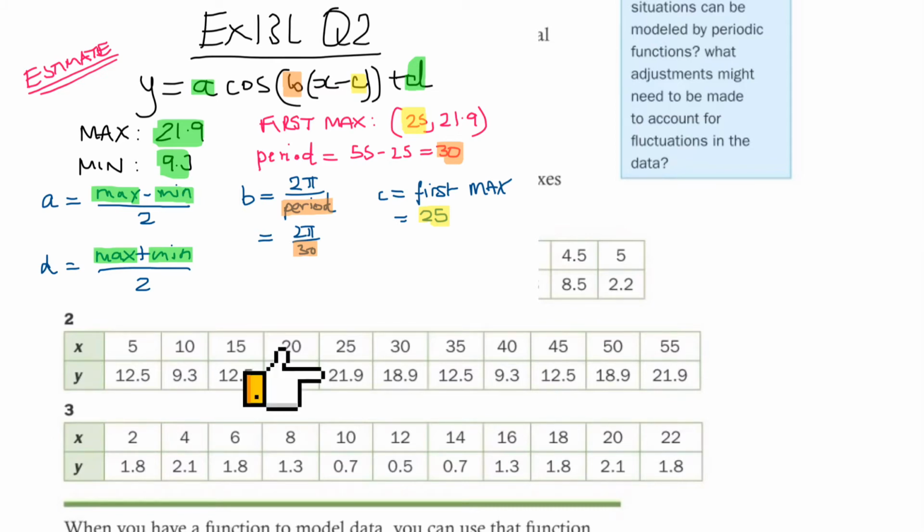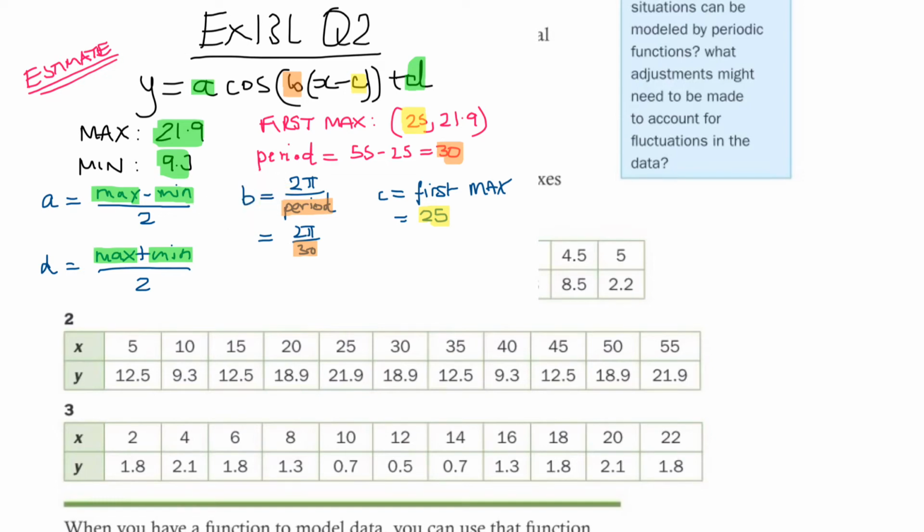So where is the big number? The big number is 21.9 minus the small number, which is 9.3, so that's the maximum and the minimum point, minus them on the numerator, and then I'm going to divide it by 2. So that should give me my amplitude.